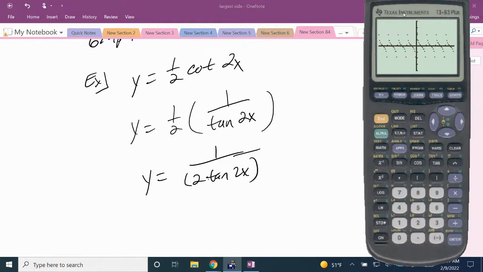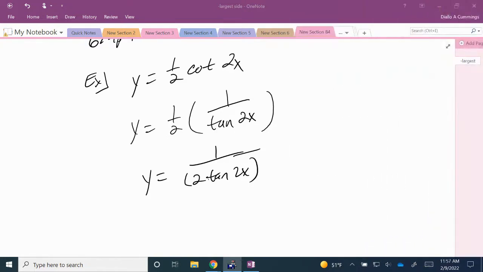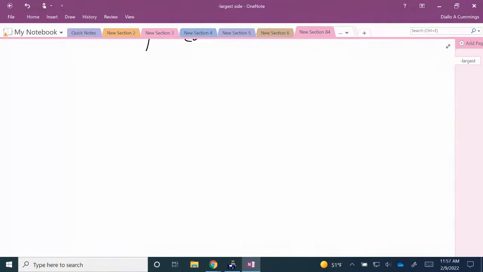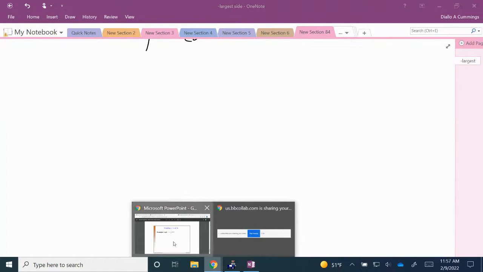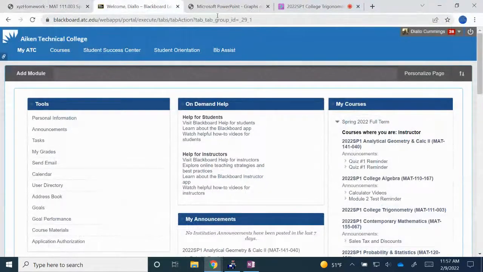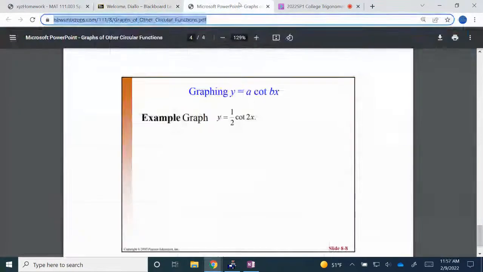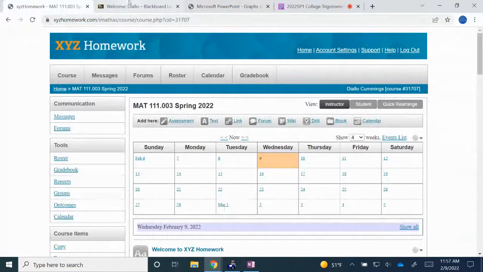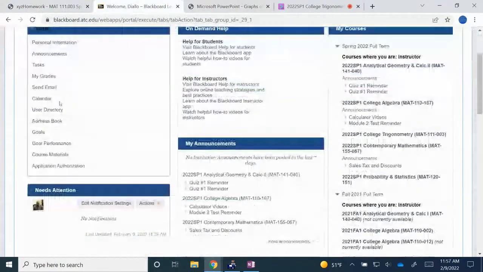All right, so before we move any further, I want to talk about something called the negative number identities, and they are not actually on the formula sheets.